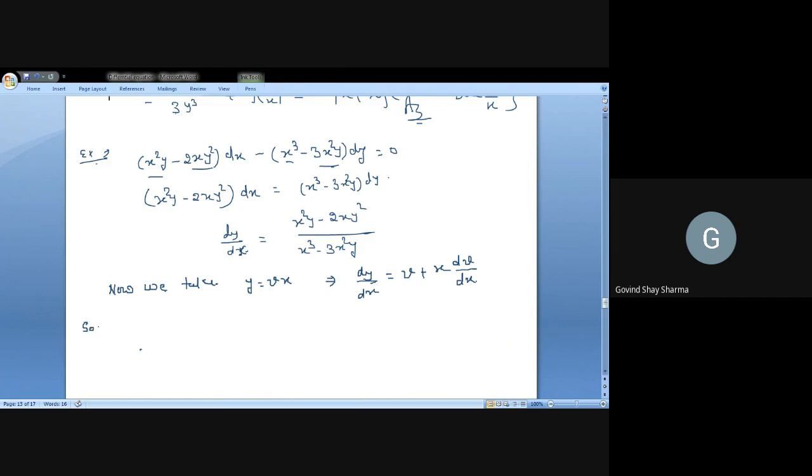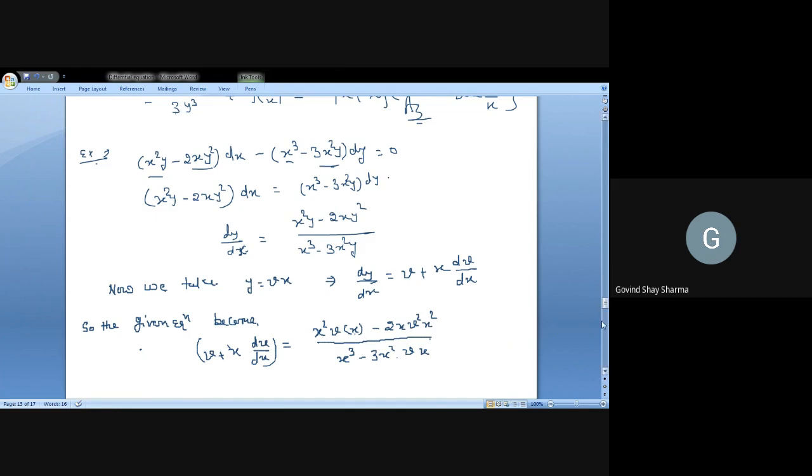So the given equation becomes v + x dv/dx = (x²·vx − 2x·v²x²)/(x³ − 3x²·vx).